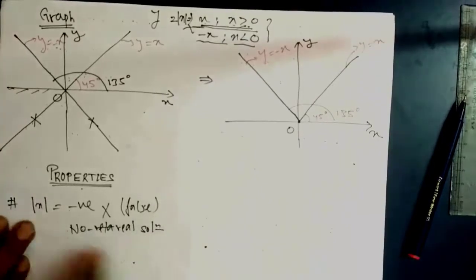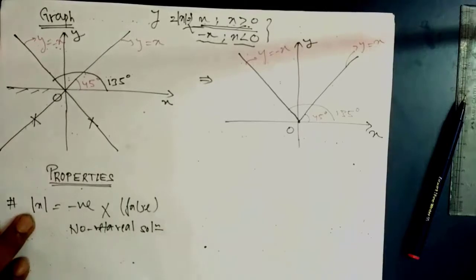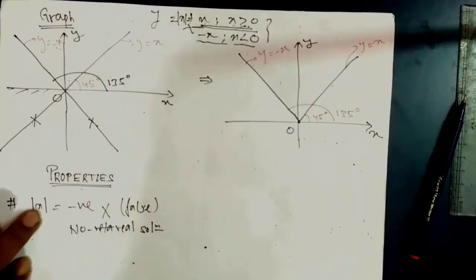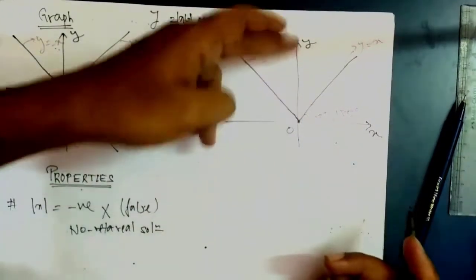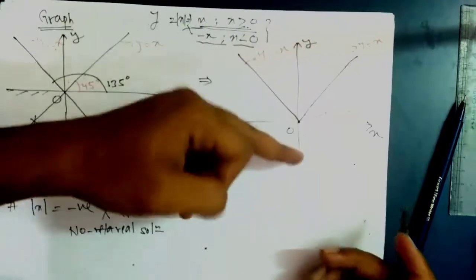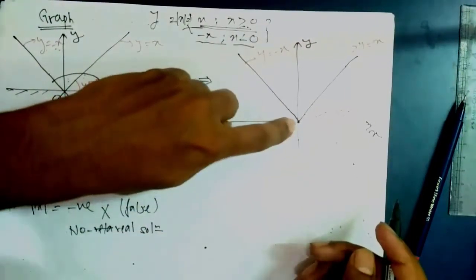Why? Because it's a non-negative function. Its value will never be negative. As we have seen, mod of x only gives a positive value, and if a negative value is fed into it, it will make it positive. As you can see from the graph also, the graph is always upward, positive. No value is negative. The minimum value it can give is 0.